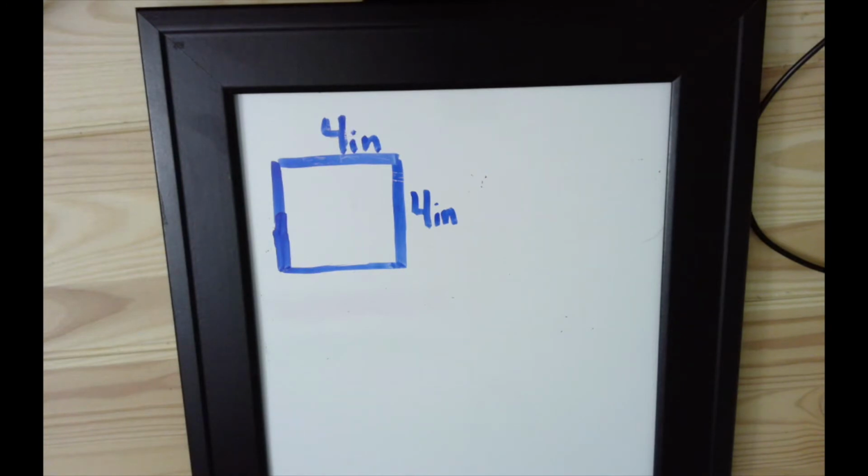We're going to start with a square example, and we're going to start with perimeter. If we're finding the perimeter of this square, we have to add up all the side lengths. On our square, only two lengths are given. So we have to think, what do we already know about a square? We know that all the lengths are the same size.